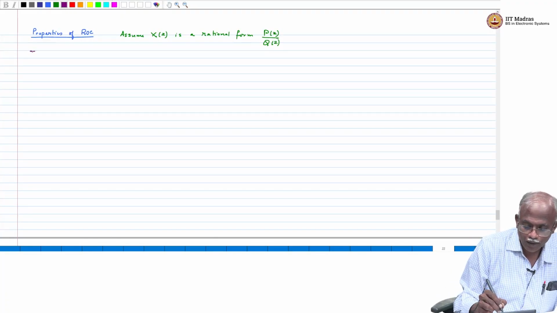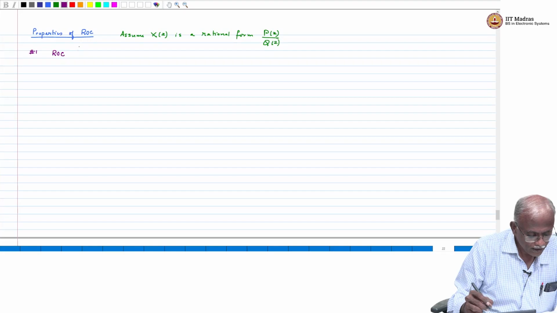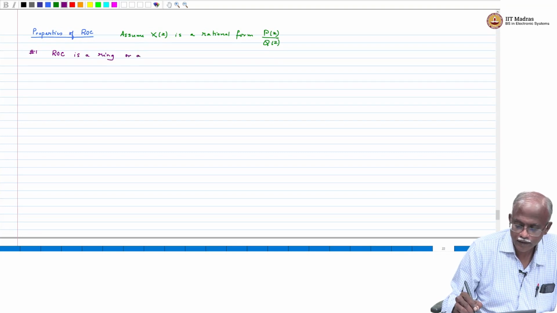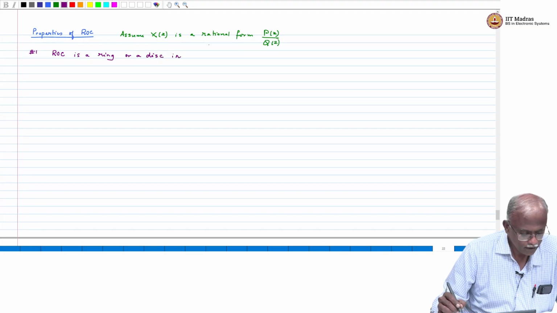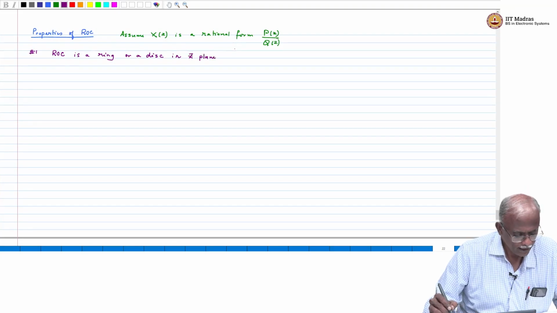Okay. So, property number 1. The ROC is always a ring, or a disk, in the Z plane centered at the origin.